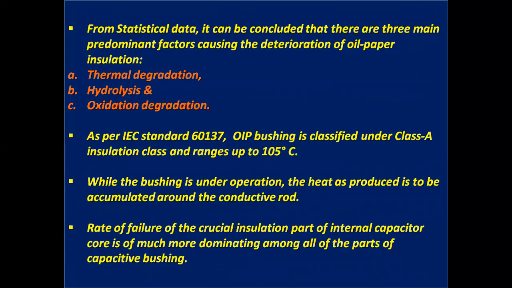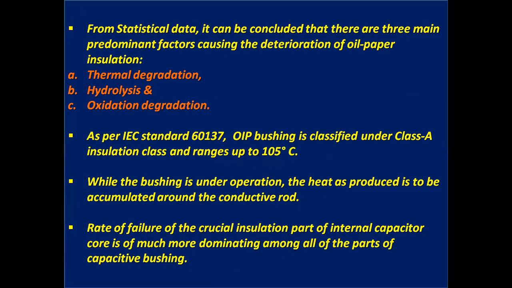From statistical data, it can be concluded that there are three main predominant factors causing the deterioration of oil paper insulation: A. Thermal degradation, B. Hydrolysis, and C. Oxidation degradation.